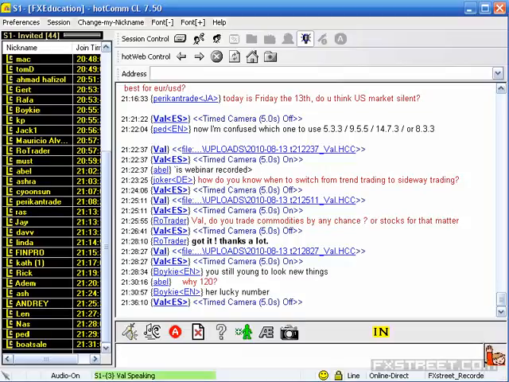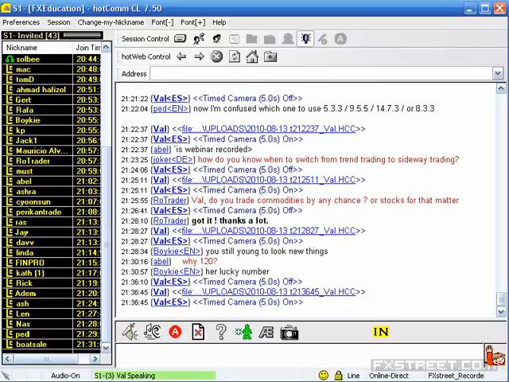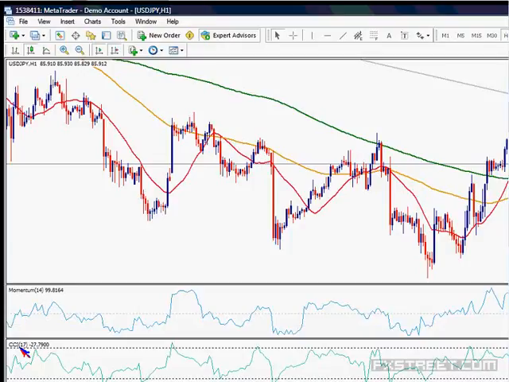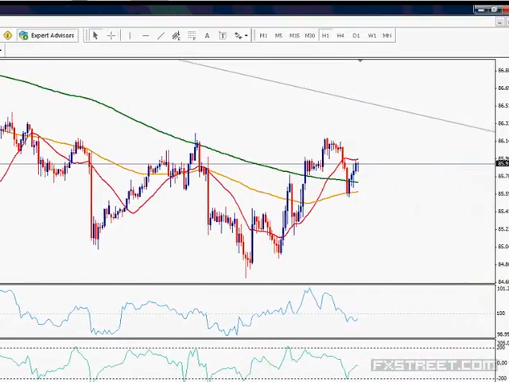And why 120? No, not because of a lucky number. I always get the same questions: why do I use a certain number? If you take a look at my all-day chart, you'll find out that, for example, for dollar Japanese yen, I use a commodity channel index of 17 periods.